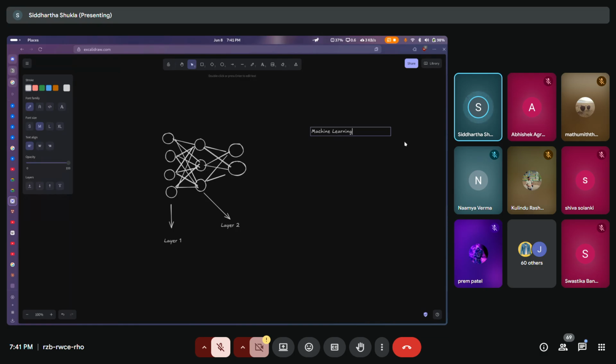For instance, we've always had algorithms like Dijkstra's algorithm, A star search, breadth first search, depth first search, or greedy best first search. All of these algorithms are hard coded in order to arrive at a deterministic solution to a certain problem.